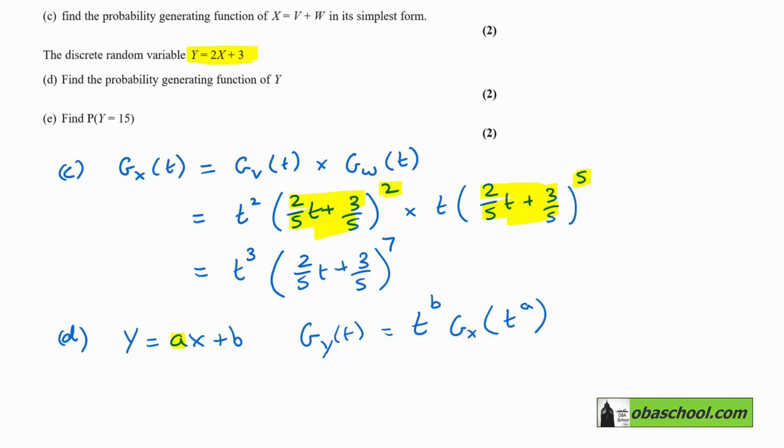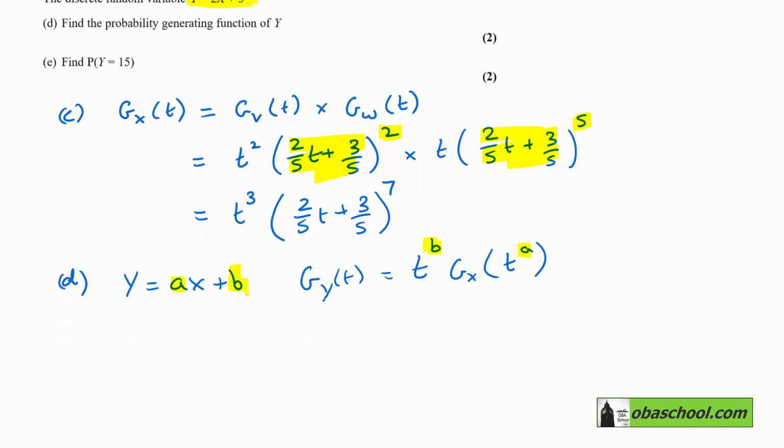So the a goes inside like this, and the b is outside here. So in our situation, where we have y is equal to 2x plus 3, we are going to have that gy of t is going to be t cubed gx t squared.